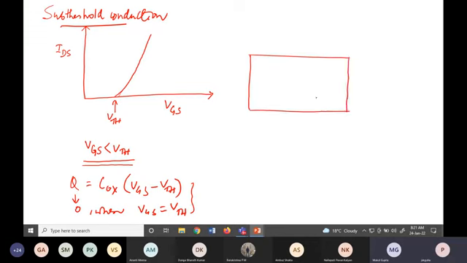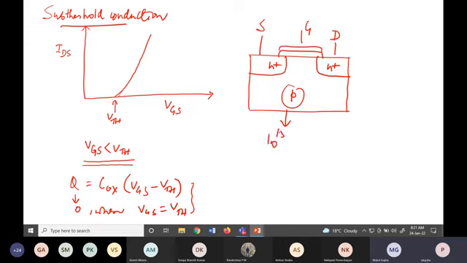So if we have a p-type substrate, and this is my gate, source and drain, say this p-type substrate concentration is of the order of 10 to the power 15 per centimeter cube, then the minority carrier concentration will be of the order of 10 to the power 5.